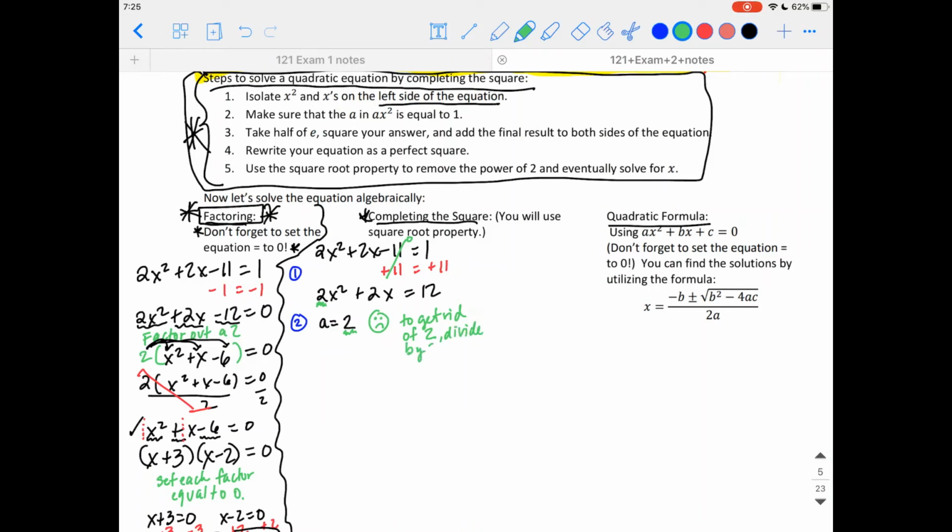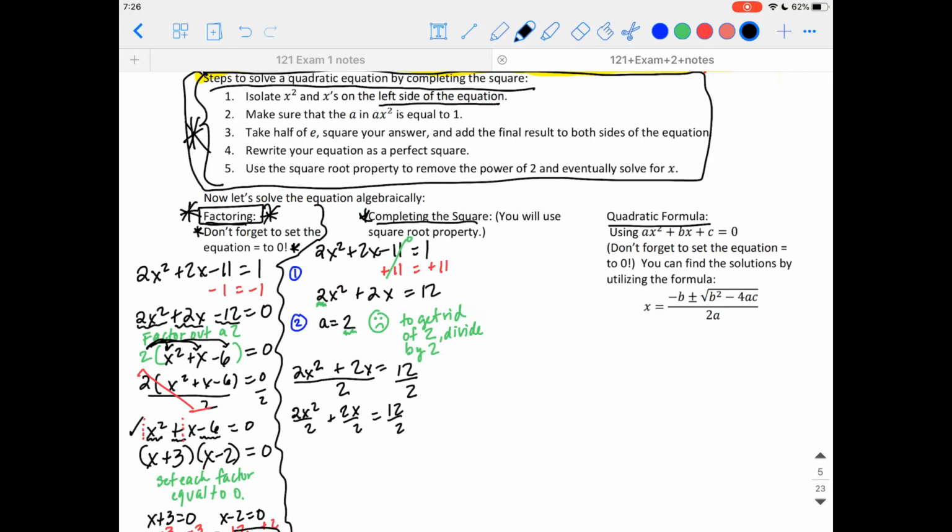So here I go. I have 2x squared plus 2x is equal to 12. So I need to divide by 2, so I'm going to divide everything by 2. We need to realize that this is technically 2x squared over 2 plus 2x over 2 is equal to 12 over 2.